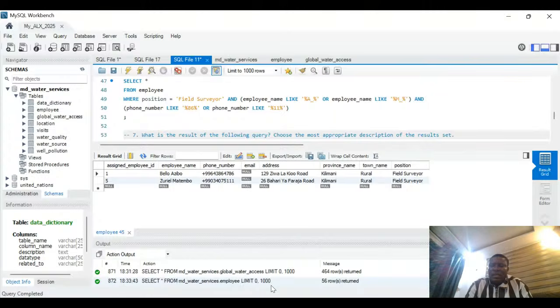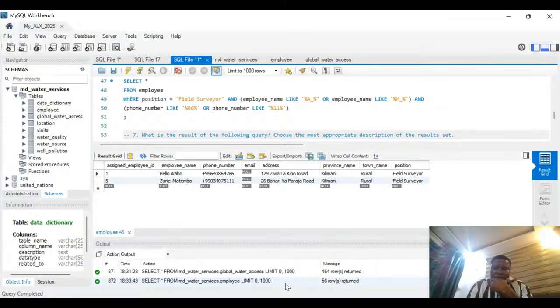Oh, this is my screen. What is happening? Oh, wow, wow, wow. Okay. Please let me know when it shows. I don't know what is happening.